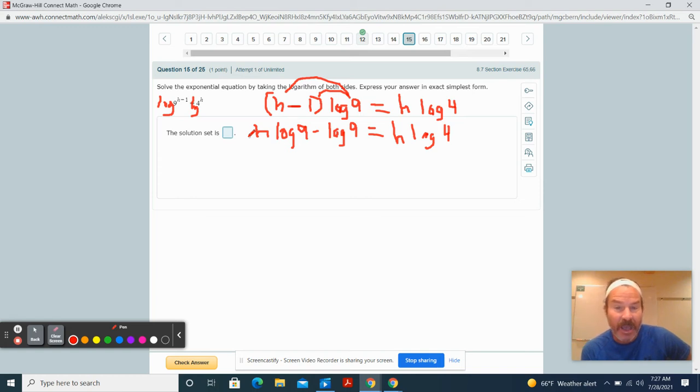Remember when we solved equations and we had h's on both sides? If we had variables on both sides of an equation, you have to get the variables on one side. So I'm going to take this and subtract it. Now the log 4 comes along with the h. So I'm going to keep this h log 9, and I'm going to subtract the h log 4.